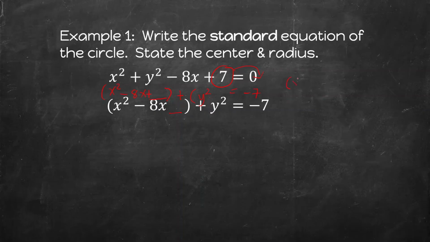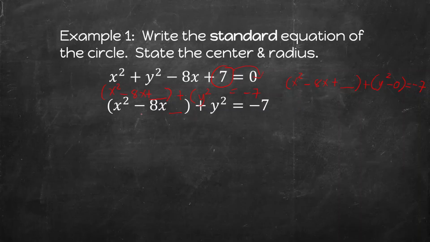So, dito, x squared minus 8x plus blank plus y squared minus 0 equals negative 7. Ayan. Next, iisip tayo ng number for it to be a perfect square trinomial.